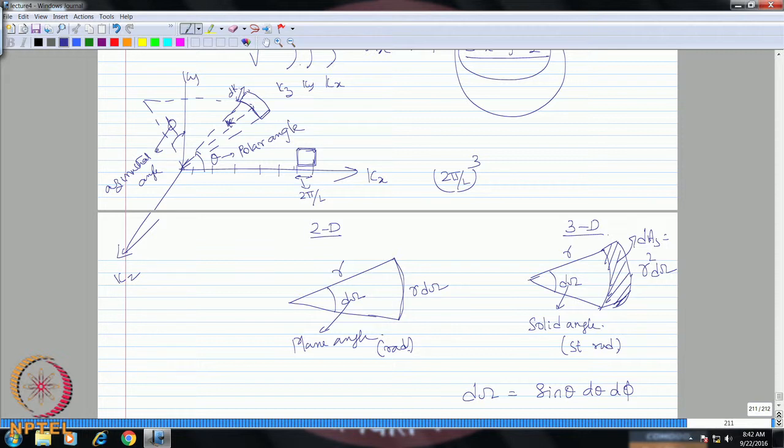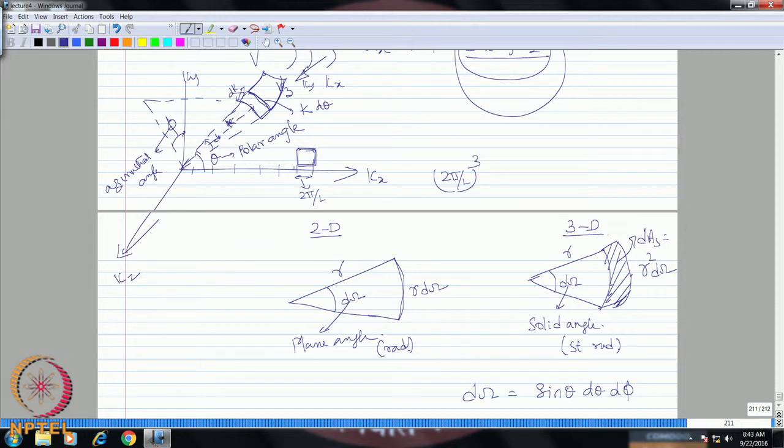Now, if you are looking from an observer like this, you will be seeing something like this, okay. We want to calculate this area, okay. So, this area will be this multiplied by the projection of this onto the YZ plane. Now, this here is k into d theta, okay.